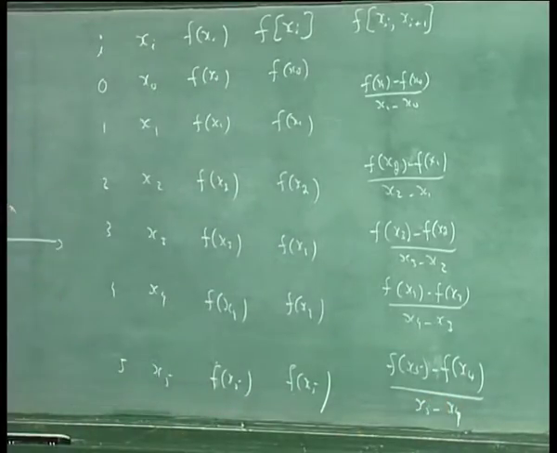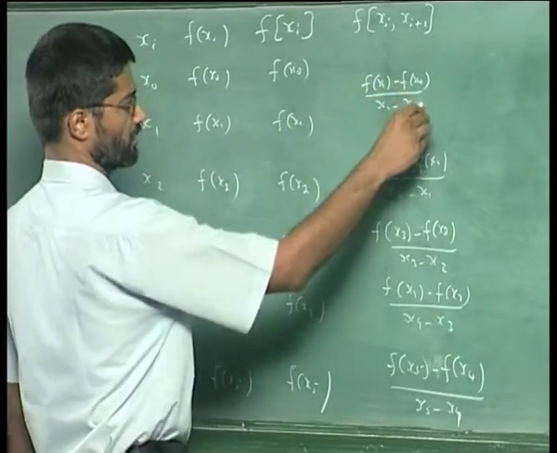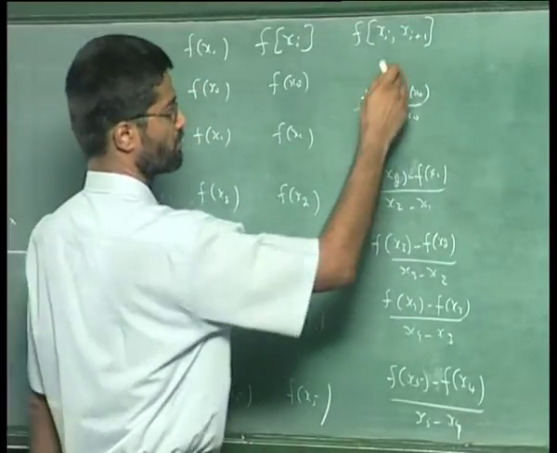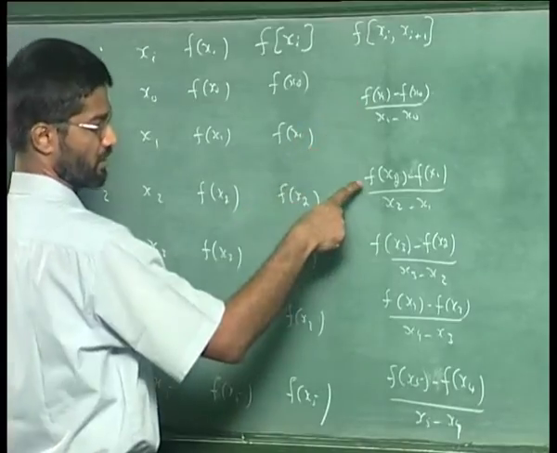Okay. So, that is the difference table which we constructed, and then the next one would be the difference between these two divided by the difference in x. To simplify, I will write this as, remember, f of x0 x1 and this is f of x1 x2.